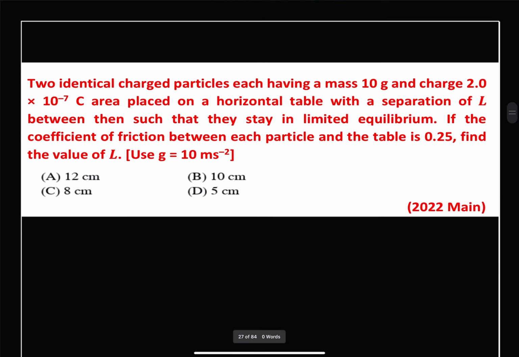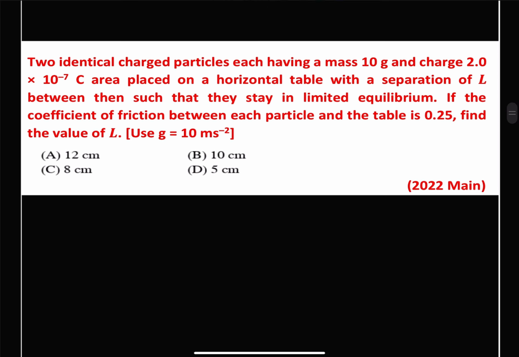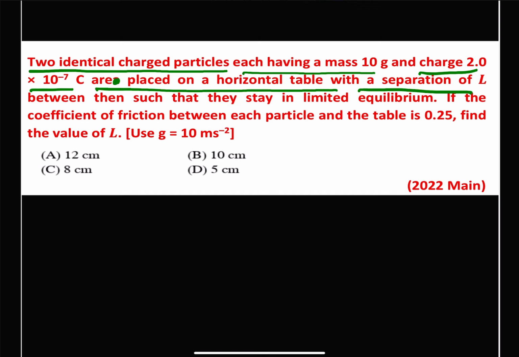Next question. It states that two identical charged particles, each having mass 10 gram and charge 2 into 10 to the power minus 7 coulomb, are placed on a horizontal table with a separation of L between them, such that they stay in limiting equilibrium.